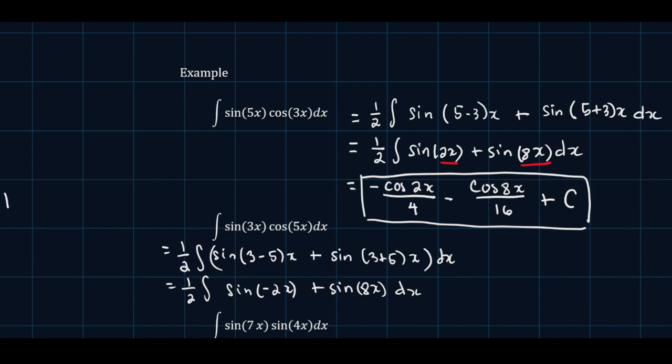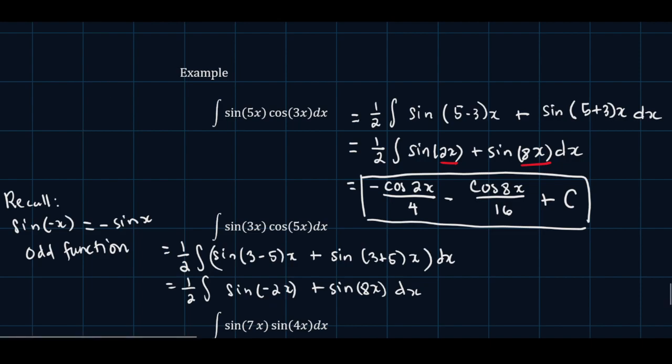I recall that if we have sine negative x, this is equal to negative sine x. That is because sine is an odd function. So, ibig sabihin, we can treat this instead as negative sine 2x.